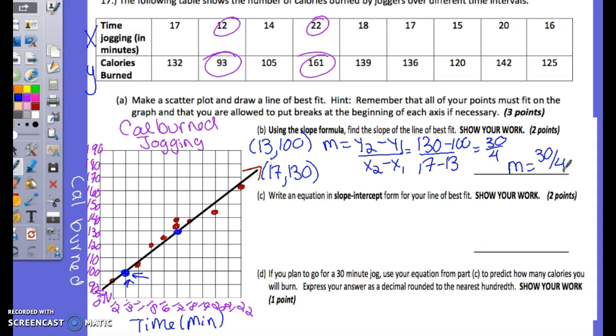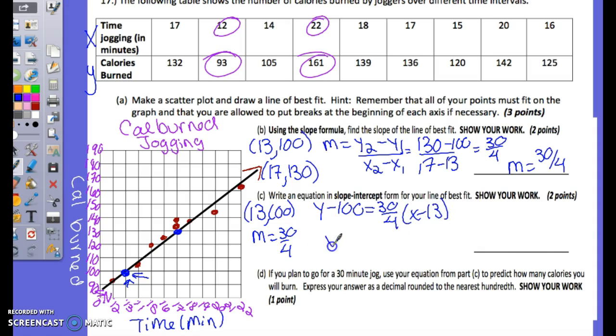So now it says write an equation in slope-intercept form. The same thing. I'm going to use 13, 100, and then my slope of 30 over 4. So I have y minus 100 equals my m, which is 30 over 4, times x minus 13.